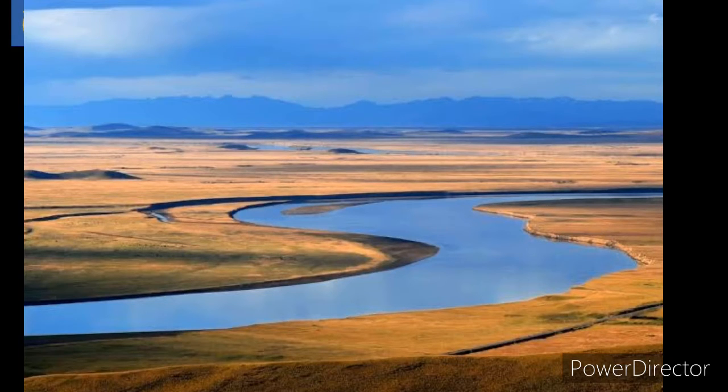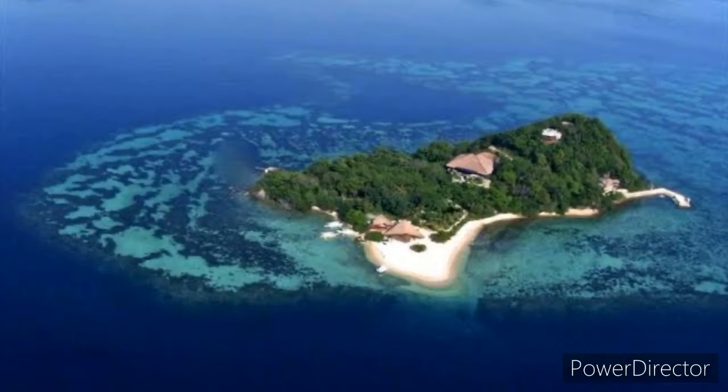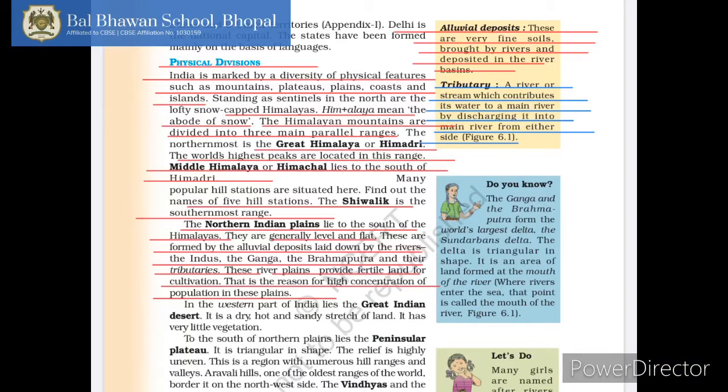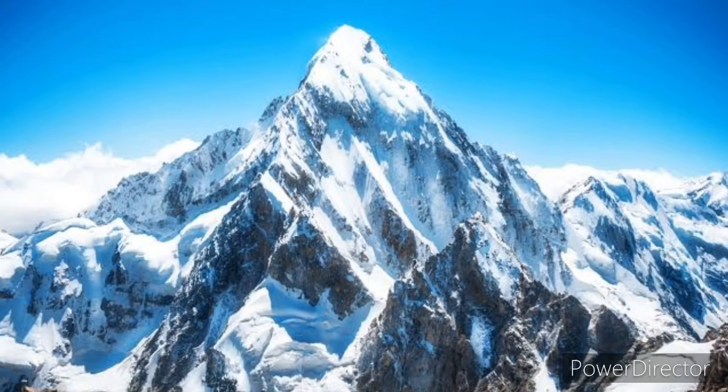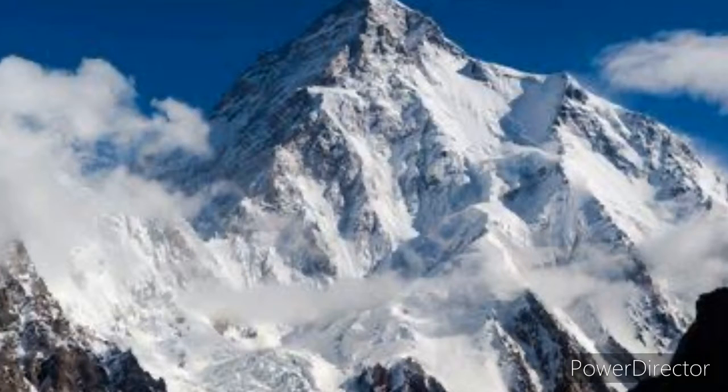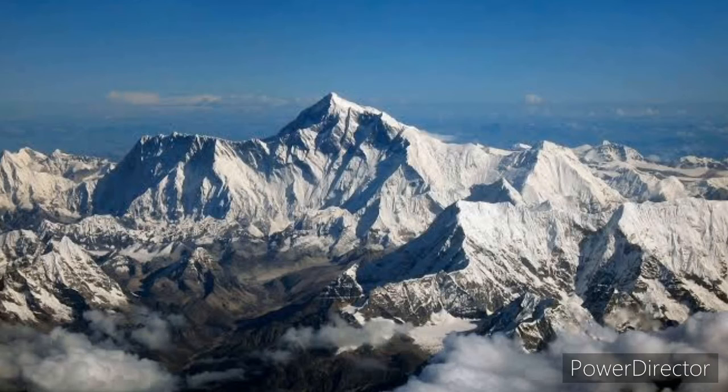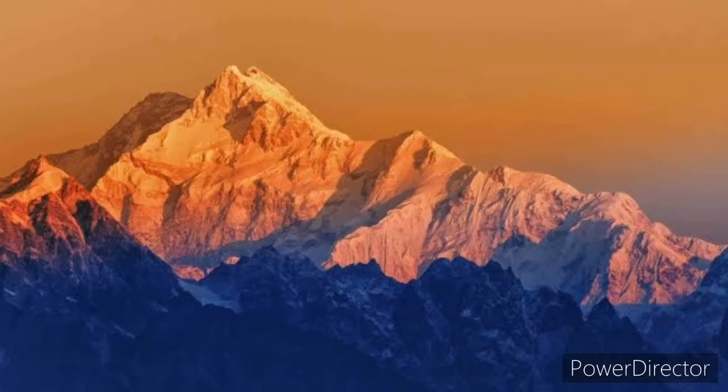In the north, there are the Himalayas. Himalaya is made from the terms Him plus Alaya, which means the abode of snow, and the Himalayas are covered with snow. The Himalayan mountains are divided into three main parallel ranges.